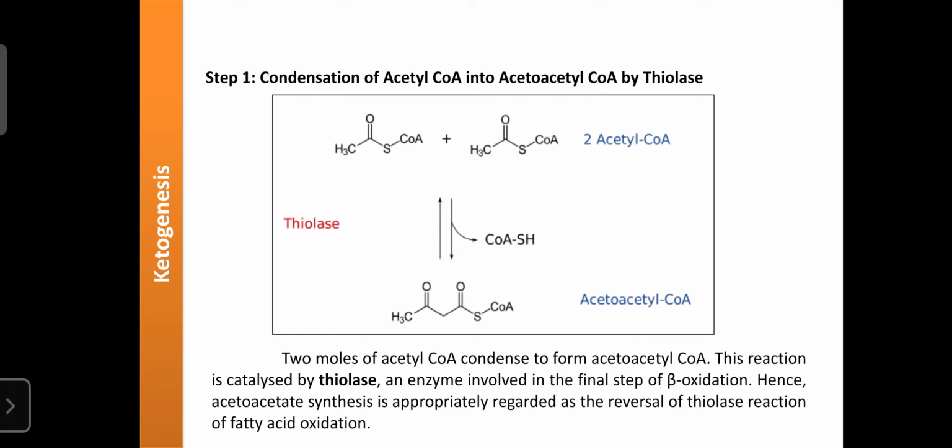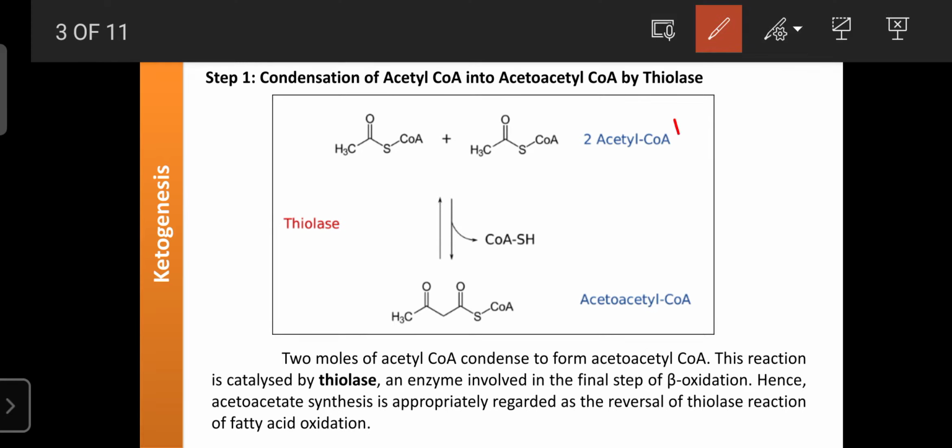Dear students, during the beta oxidation the acetyl CoA is produced, already you know. At the end of the beta oxidation the acetyl CoA is produced and this acetyl CoA enters the TCA cycle, then further it can produce the ATP, but the TCA cycle has restricted or rate limiting steps.